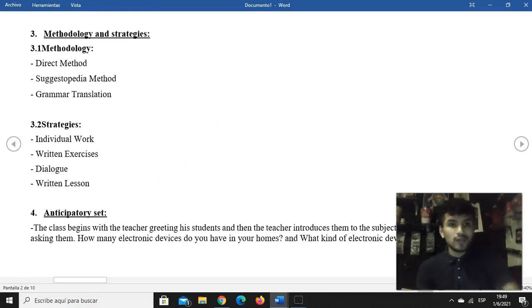The methodology and strategies that I'm going to use in my lesson plan are the direct method, the suggestive method, and the grammar translation method. The strategies which I work in my class are individual work, because I'm going to ask my students in certain activities to work individually.